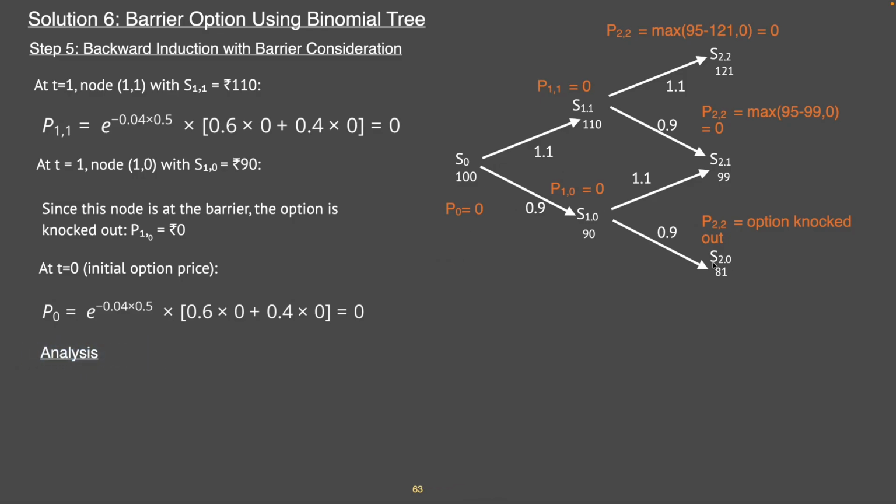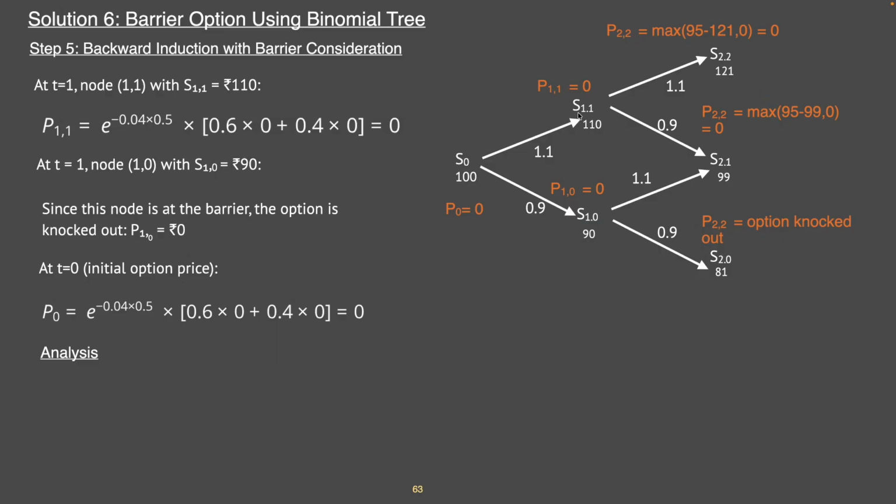Because since we have considered a European put option, either the price is greater than the strike price. See, 121 is greater than the strike price of 95. Here at this node S21, 99 is greater than the strike price 95. And here, it is 81, which is less than the barrier price of 90. The barrier price has been set to 90, so the option gets knocked out here. So at all these places, the option goes worthless.